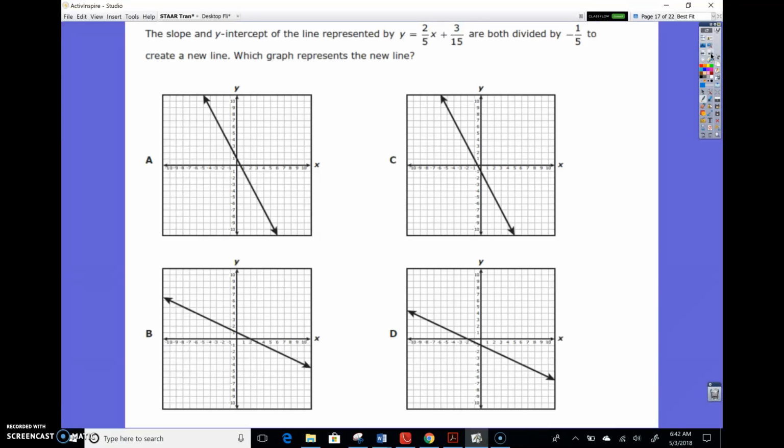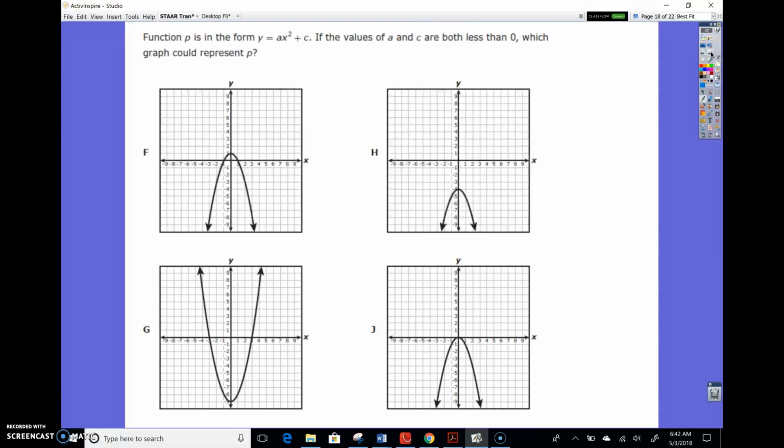All right, why don't you try this one on your own? For function p in the form of ax squared plus c, in which graph are a and c both less than 0? If you look at it here, when a is less than 0, it's going to reflect.